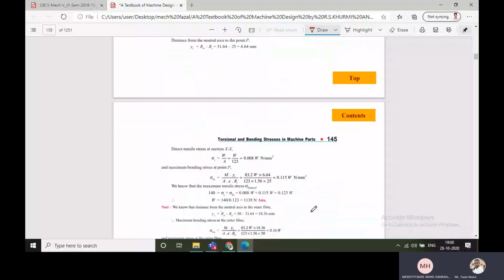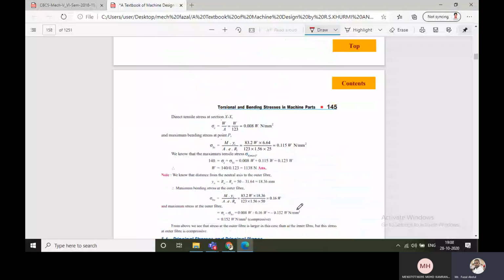The total maximum stress is the stress due to direct loading plus the stress due to bending, both calculated separately and added here.